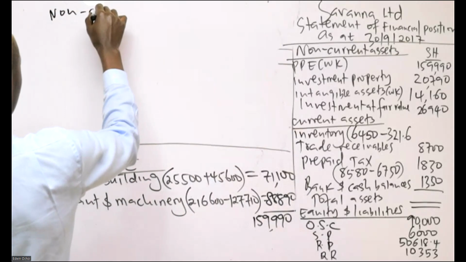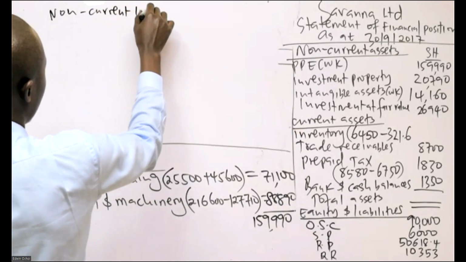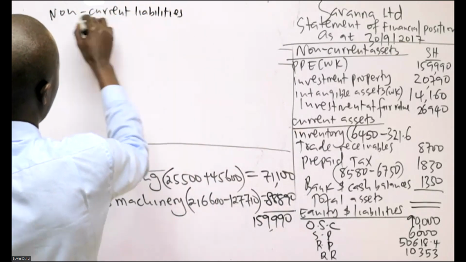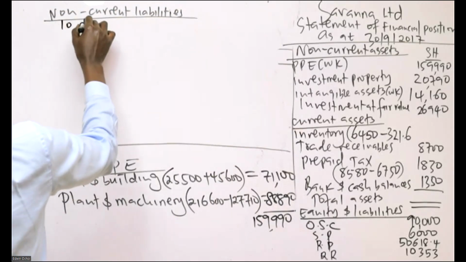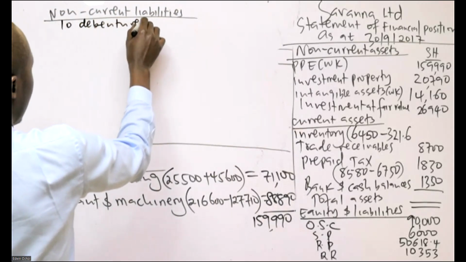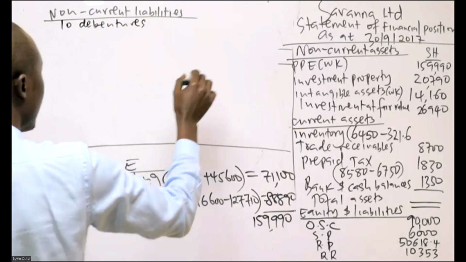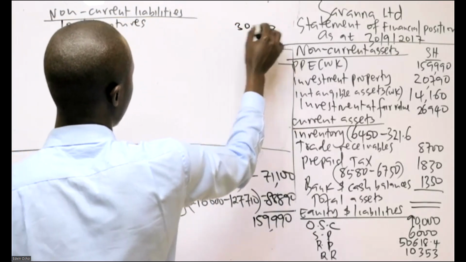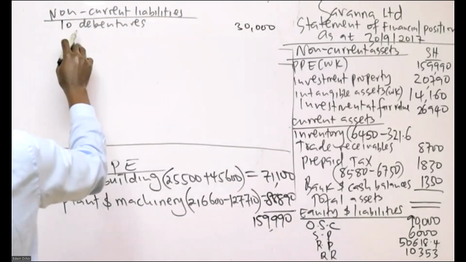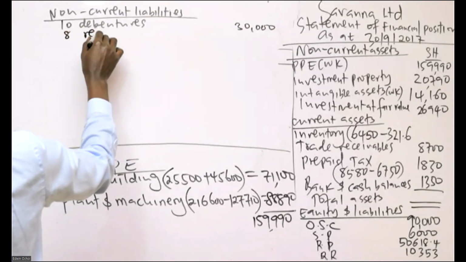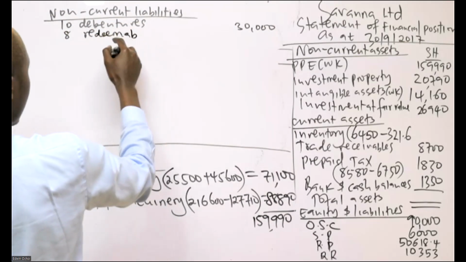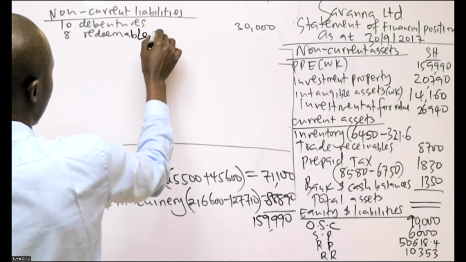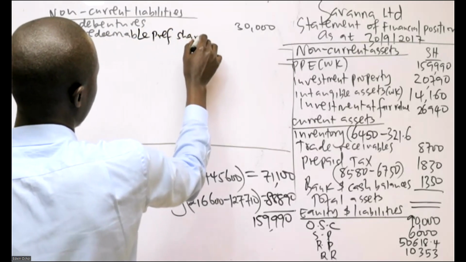Non-current liabilities. For the non-current liabilities, there was an aspect of the 10% debentures. 10% debentures from the trial balance is 30,000. We have a redeemable preference shares.